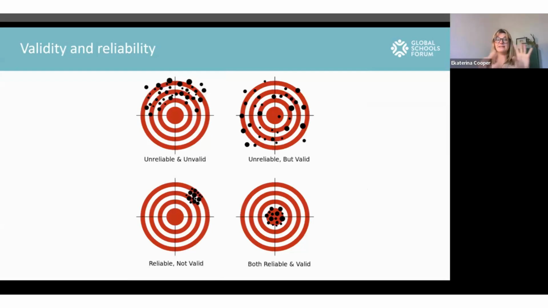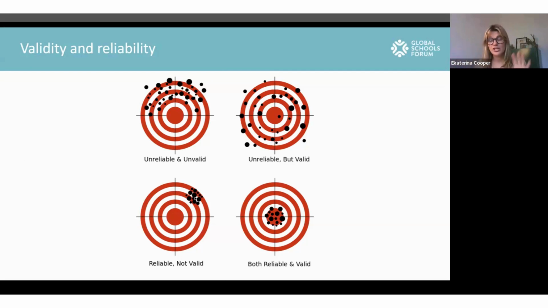So tools that are unreliable and not valid may look like this dots diagram. Your data and your findings are only as good as your assessment tool. If your tool is not reliable and not valid, it means the data will be all over the place and not repeatable because it wouldn't be consistent.